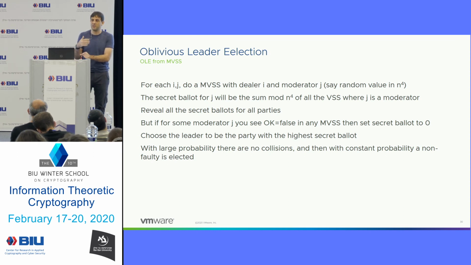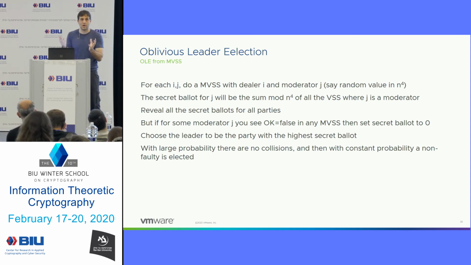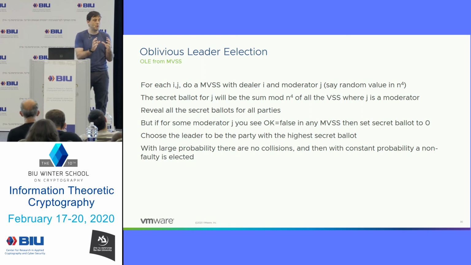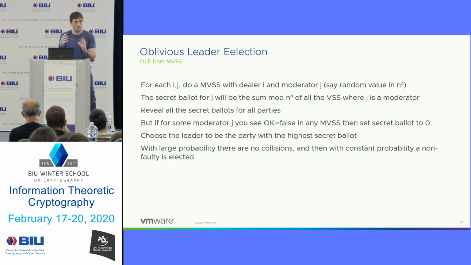So if you have a constant expected number of rounds, then the expected number of messages is quadratic. The open problem here is to do the oblivious leader election in a quadratic number of messages. I don't know how to do that, because currently we're doing n squared verifiable secret sharings. Each verifiable secret sharing needs a quadratic number of messages. So at least this solution was n to the 4. I think you can get down to n to the 3, but I don't think you can get down to n squared so easily.